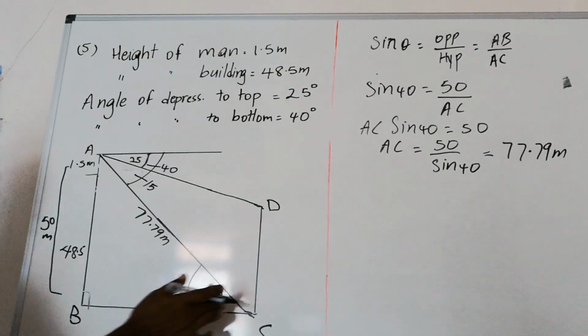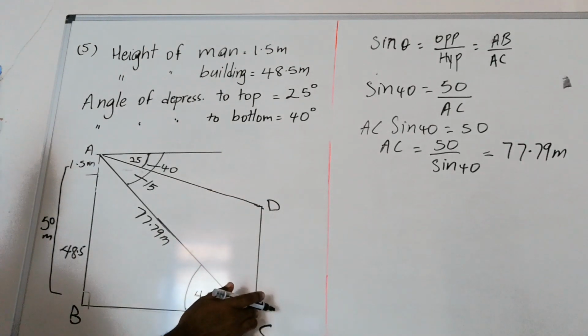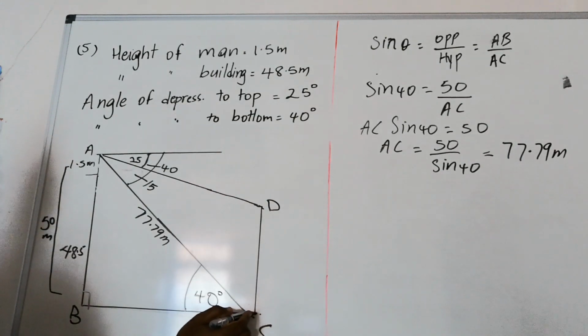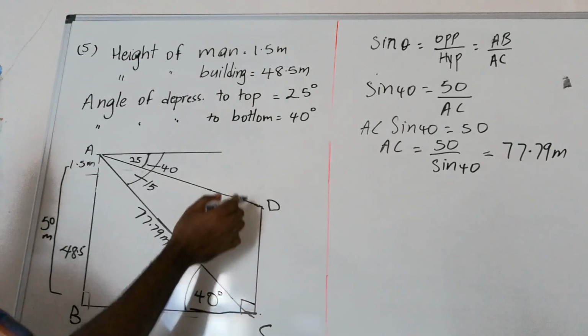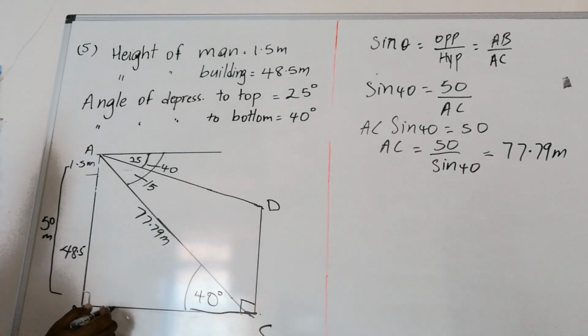We know that the building is vertical and it forms a right angle with the horizontal.